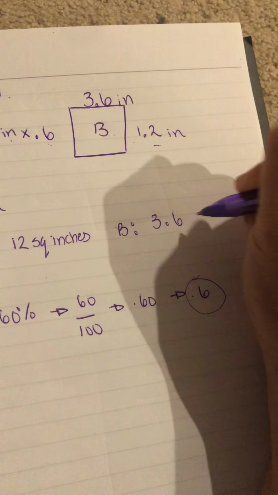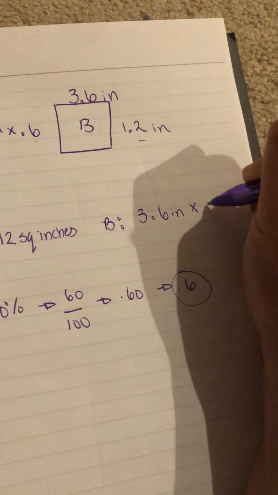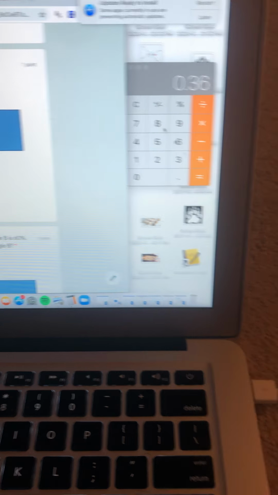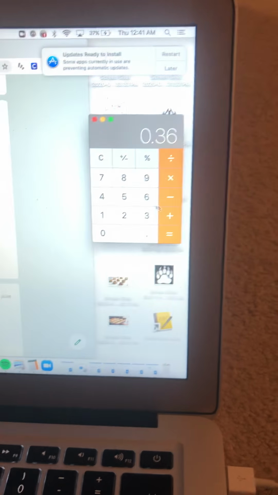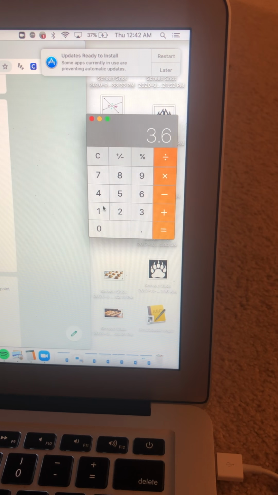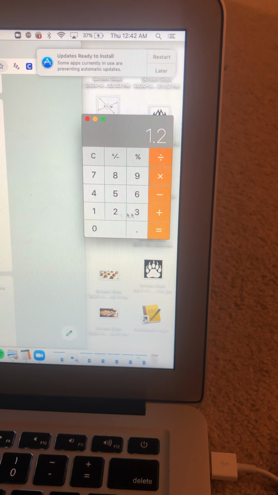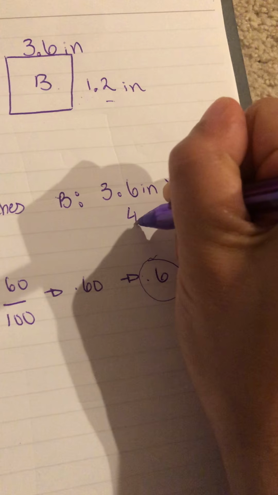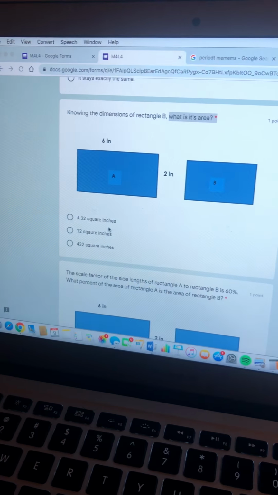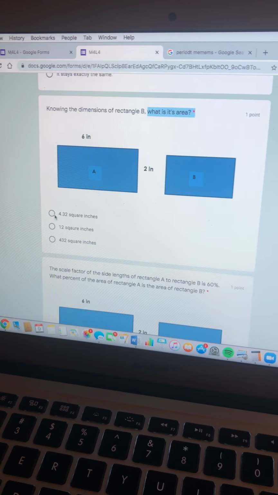So we're going to do 3.6 inches times 1.2 inches, and because we don't have time right now, I'm just going to use my calculator. 3.6 times 1.2 gives me 4.32 square inches. Cool. So now we found the area of rectangle B. Awesome.